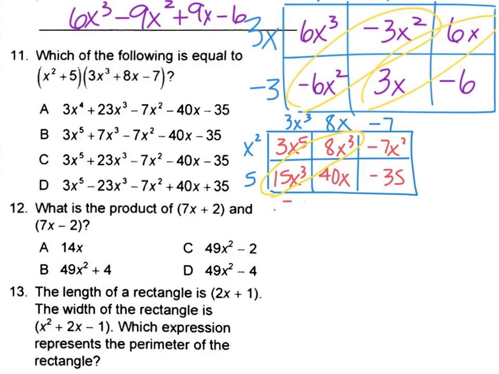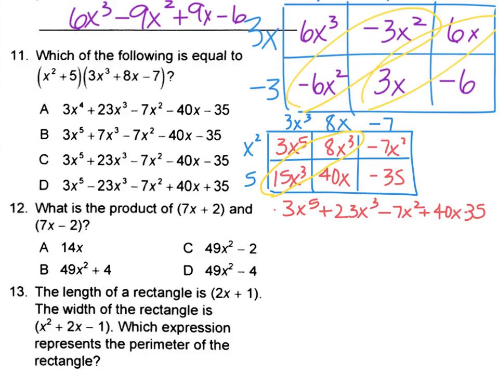So my answer is going to be 3x to the fifth plus 23x to the third minus 7x squared plus 40x minus 35. Notice how I keep myself organized by just working in order of the exponents. So I do like highest exponent all the way down until I've done all the pieces.